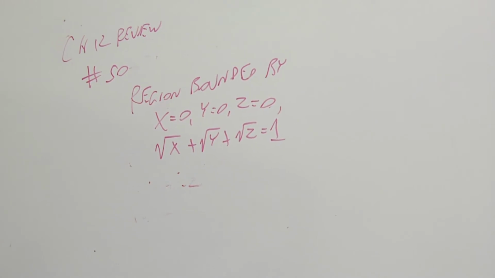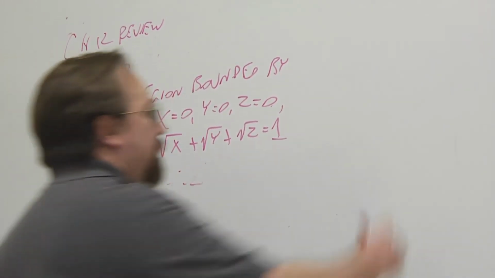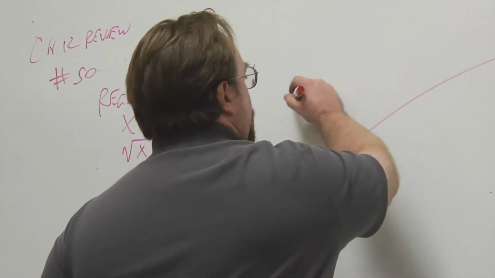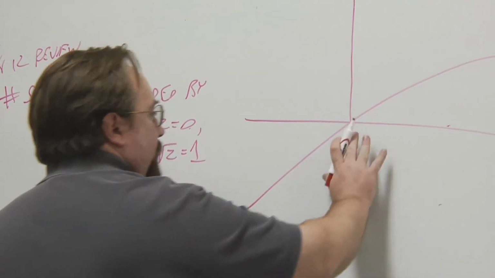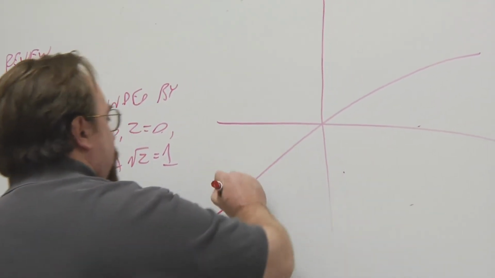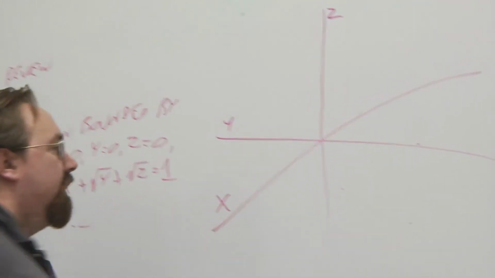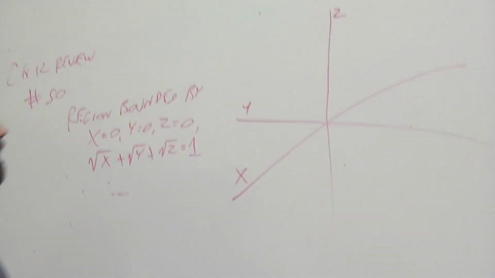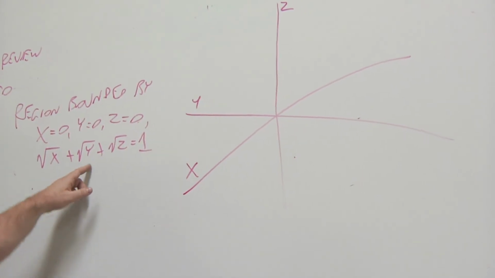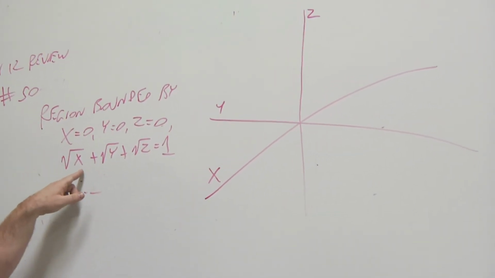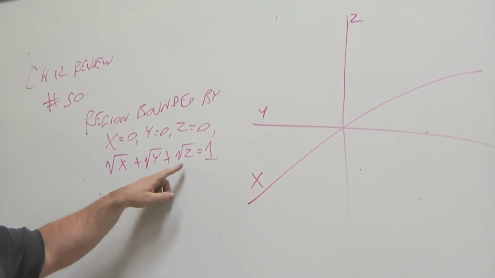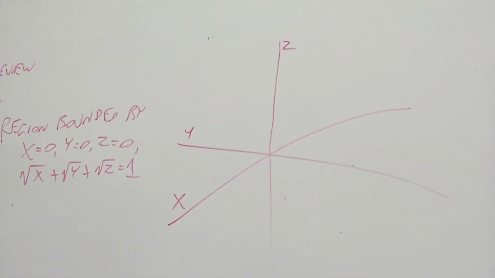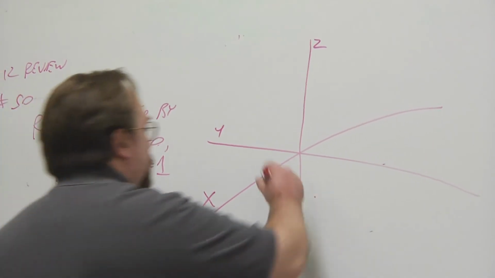All right. So something that's contained right here in the first octant. So it's going to look something like this. For instance, suppose you set z equal to 0, then you have the square root of x plus square root of y is equal to 1.